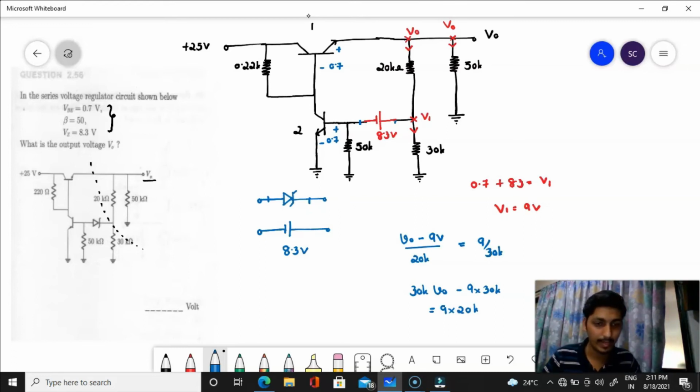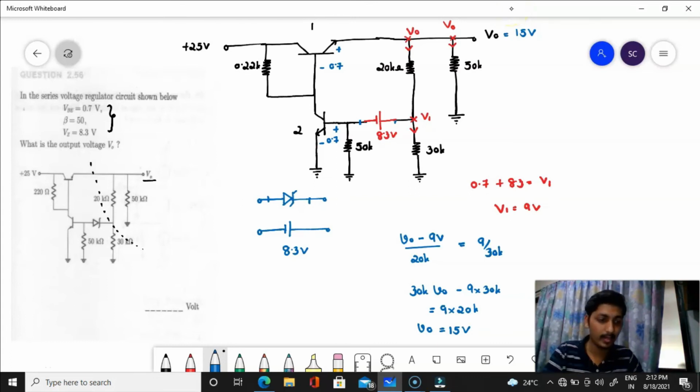So 30k V0 equals, if we simplify this, 9 into 30 plus 9 into 20, 450 divided by 30. So it will come out to be 15 volts. The output voltage is nothing but 15 volts here.